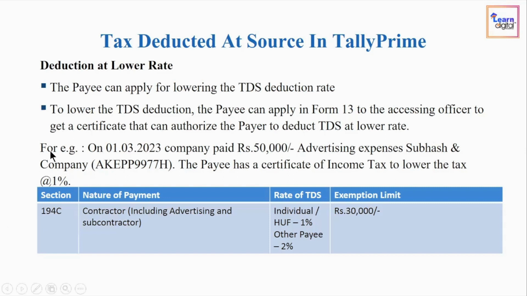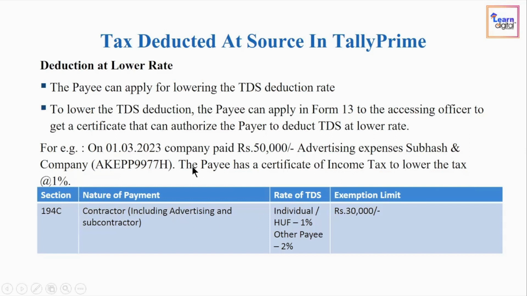Here is another example. On 1st of March 2023, company paid rupees 50,000 as advertising expenses to Subhash and company. So this is a company, it is not an individual or HUF, it is an other payee. Okay. And here the PAN number is provided. The payee has a certificate of income tax to lower the tax at 1%.